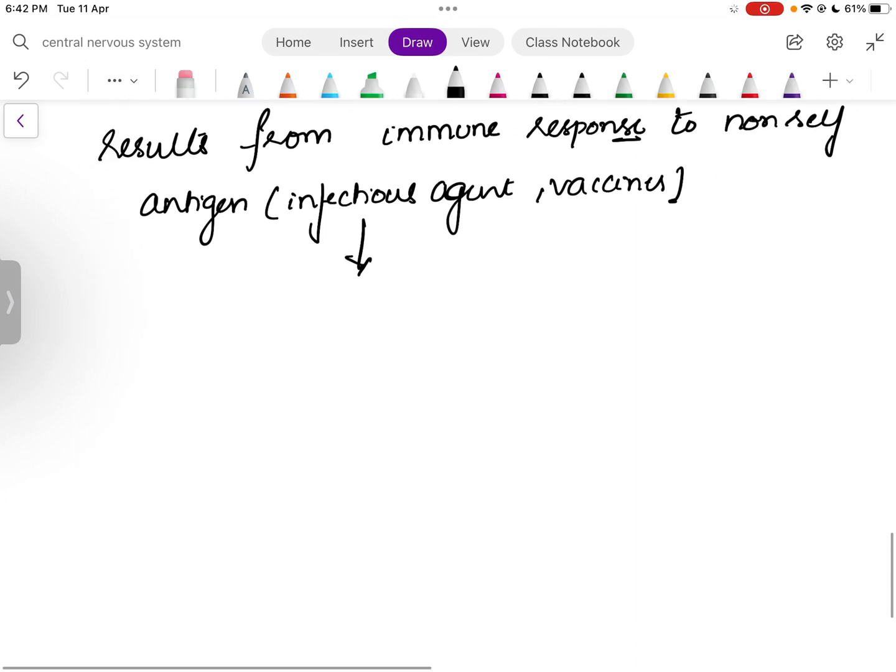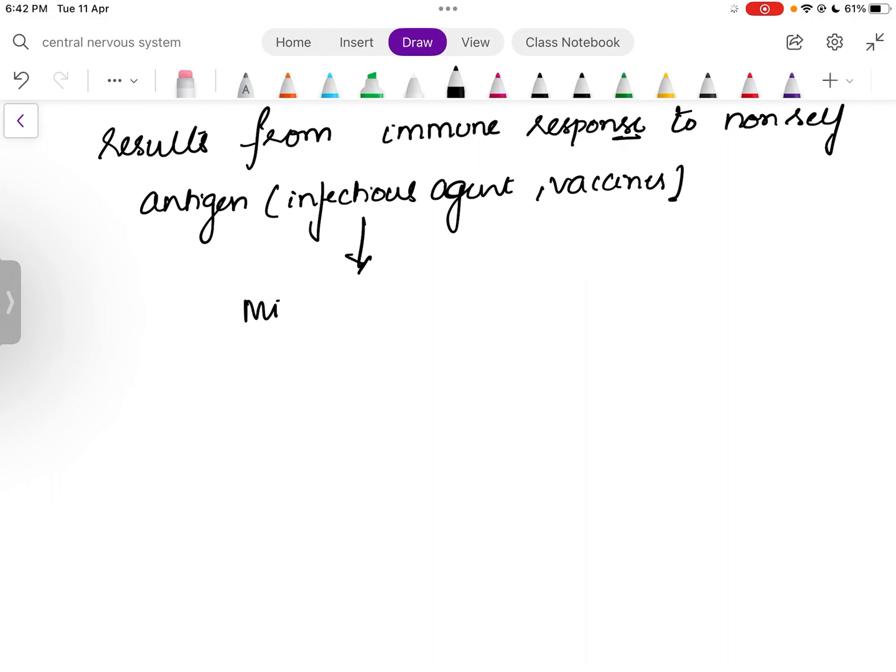This immune response is misdirected to host nerve tissue.